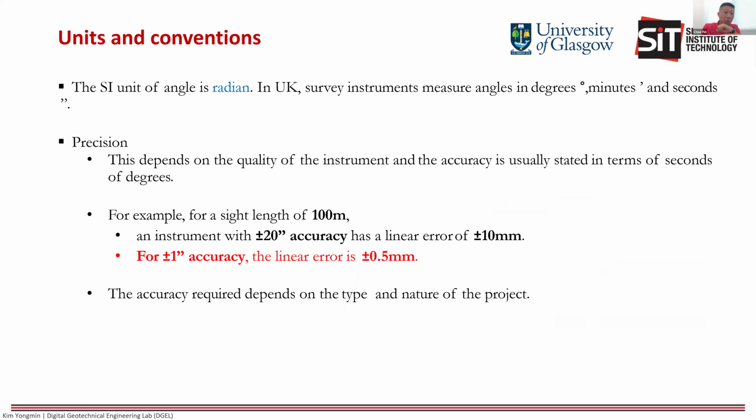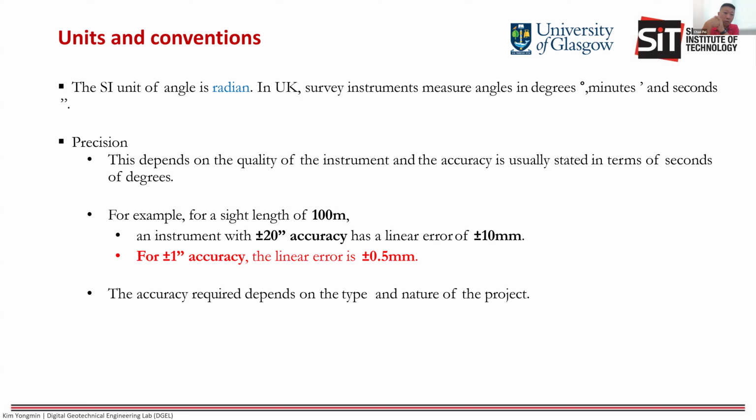In the international standard, the angle is measured in radians, but in the UK, survey instruments measure angles in degrees, minutes, and seconds, as with the instruments that you are going to use later during the lab. Now, precision. The precision depends on the quality of the surveying instrument, and the accuracy is usually stated in terms of seconds of degrees.